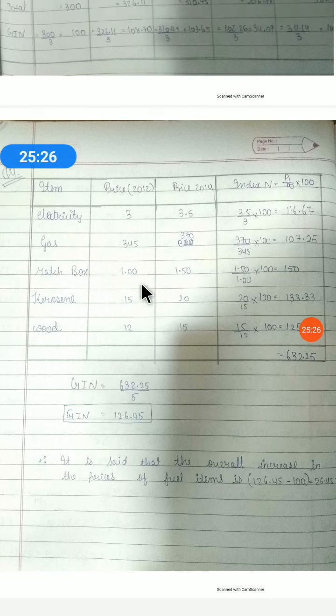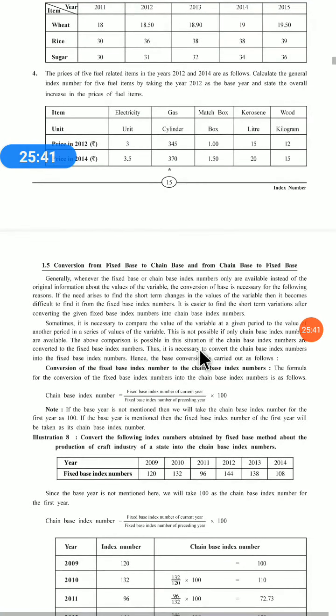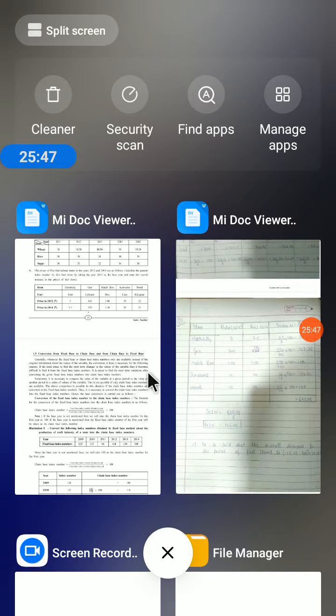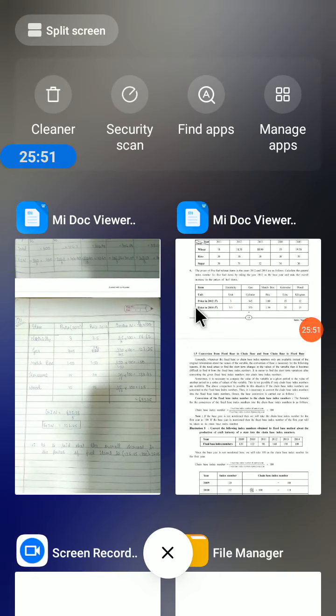Here how many items are given? 1, 2, 3, 4, 5. So 632.25 divided by 5. So we get the answer 126.45. Right? We complete the answer, calculate the general index number. So we get the general index number 126.45.